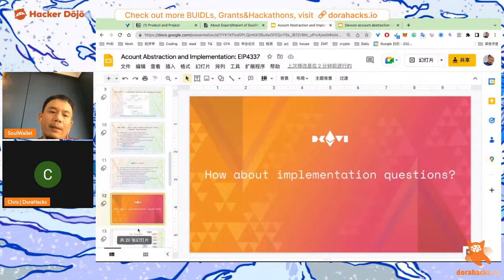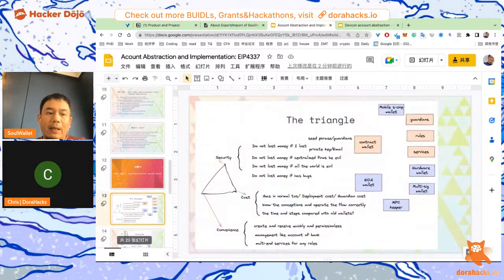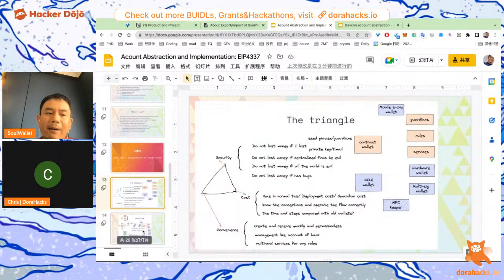We are the team of SoulWallet. We build based on ERC 4337 and have some new developments.